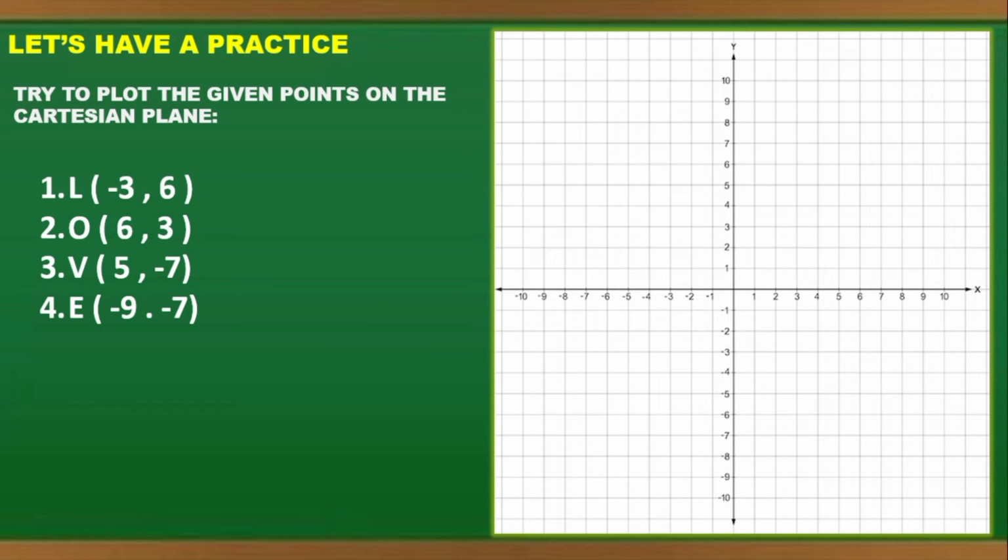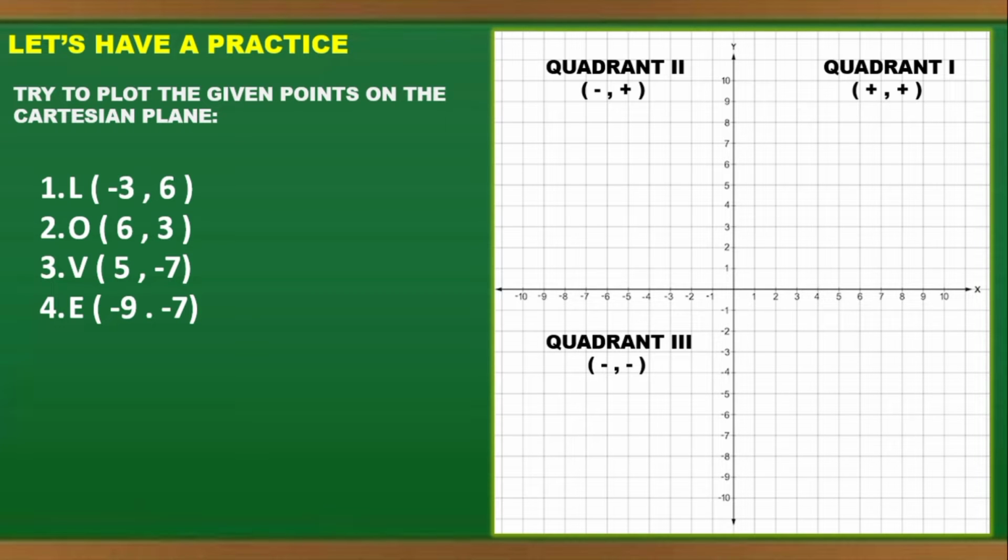Before we plot the given points on the Cartesian plane, first, let's identify the four regions of a Cartesian plane. In the upper right corner, we have quadrant 1, which gives us the points positive and positive. In the upper left, we have quadrant 2, which gives us the points negative and positive.